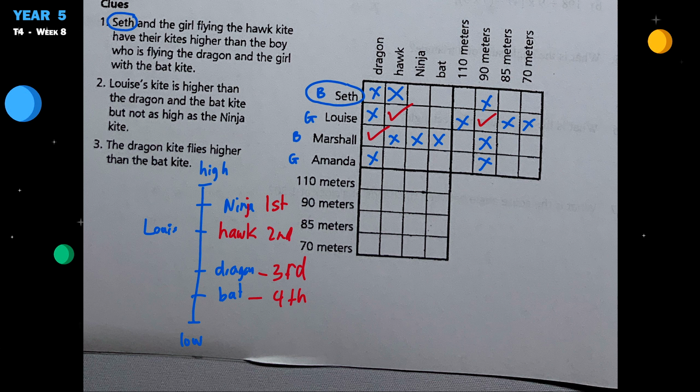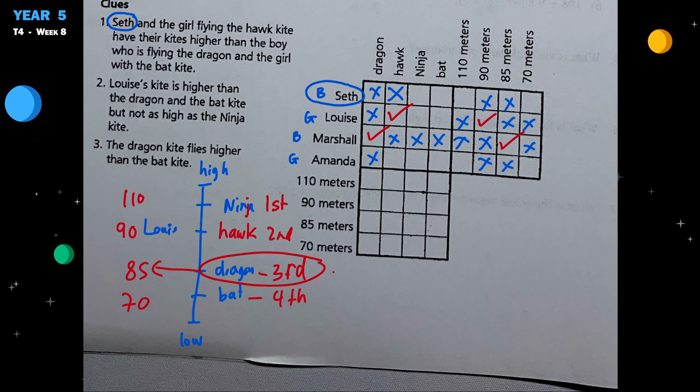So this is 110, this is 90, this is 85, and this is 70. If you have a dragon, you're in third place, meaning that you are on 85. So because Marshall has dragon, he's on 85. And that means I can cross this out, I can cross this out, and so on. And I can also cross this and this and this.